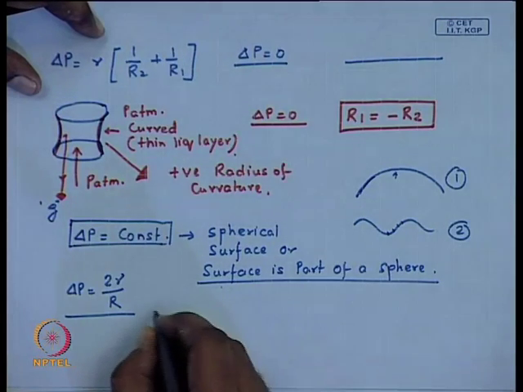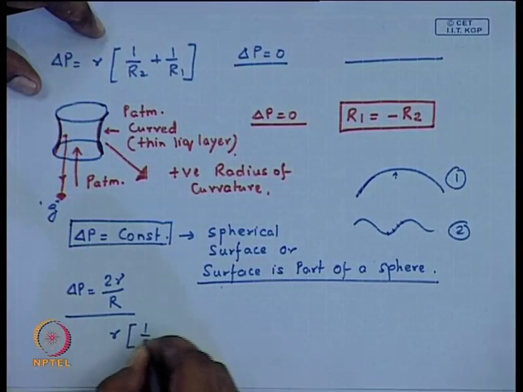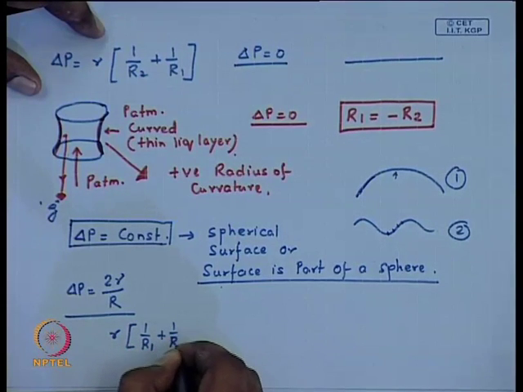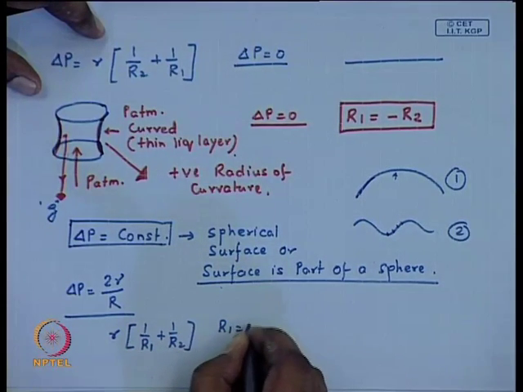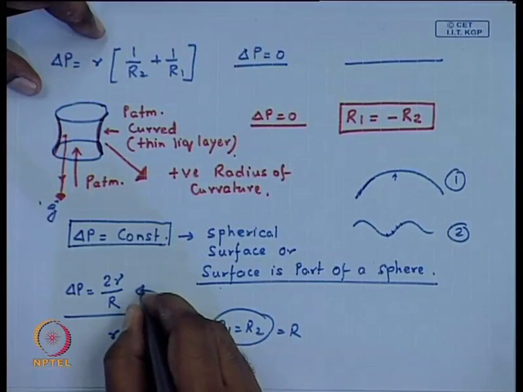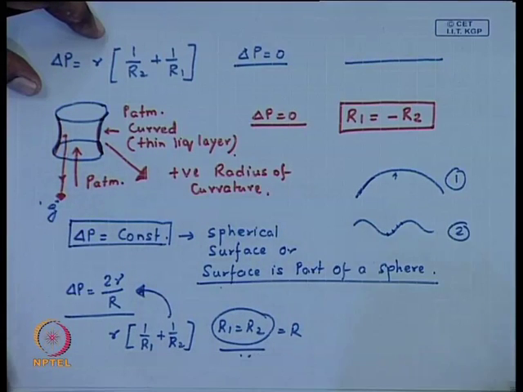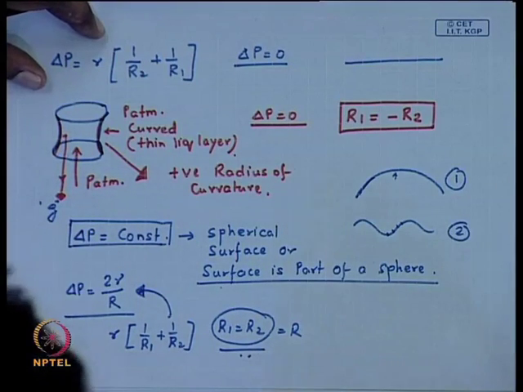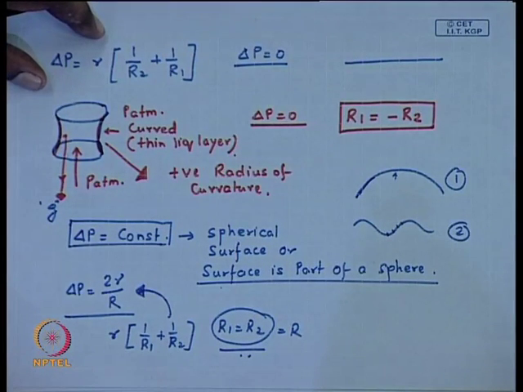So, in the case R1 equal to R2 equal to R, this collapses to this form, which we have argued qualitatively so far is the case where it is a part of the sphere.